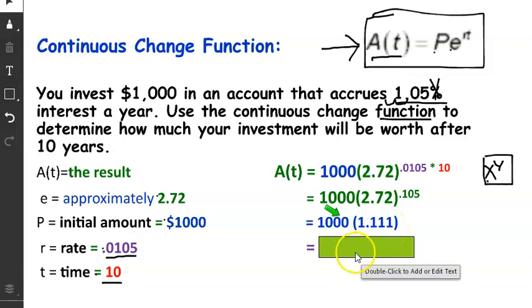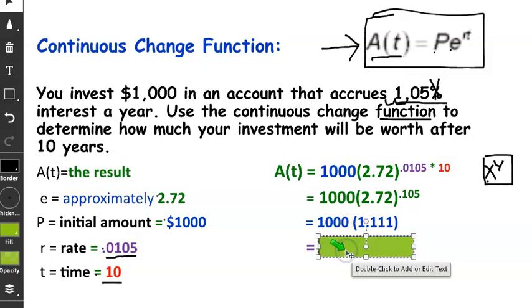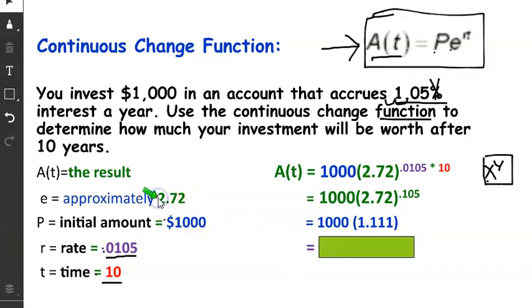Now remember your answer, now you multiply these two numbers together, 1,000 times 1.111. Your answer is most likely never going to be exact because we have approximated the e way back up here.